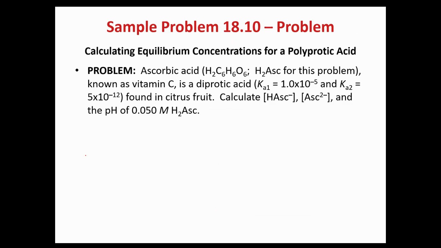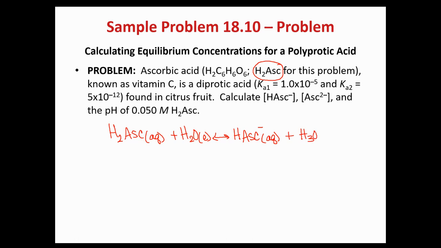Now, if we talk about how this will affect pH, let's take a look at ascorbic acid. Ascorbic acid has a scary formula, but in this case, we have it here as a simplification, H2Asc. So let's go ahead and write with me on your paper. The first ionization.